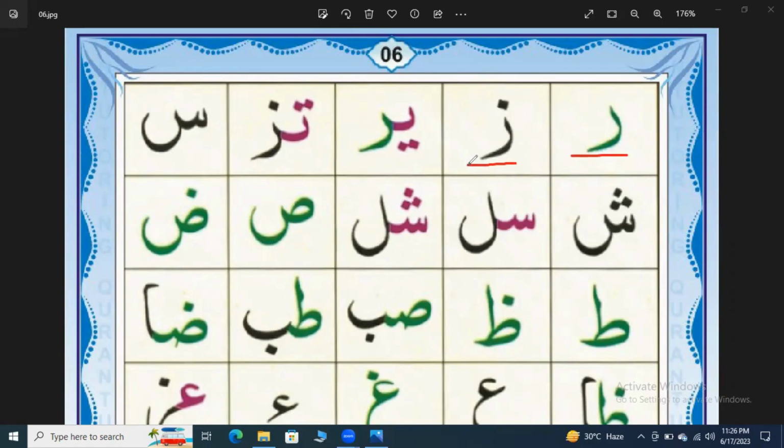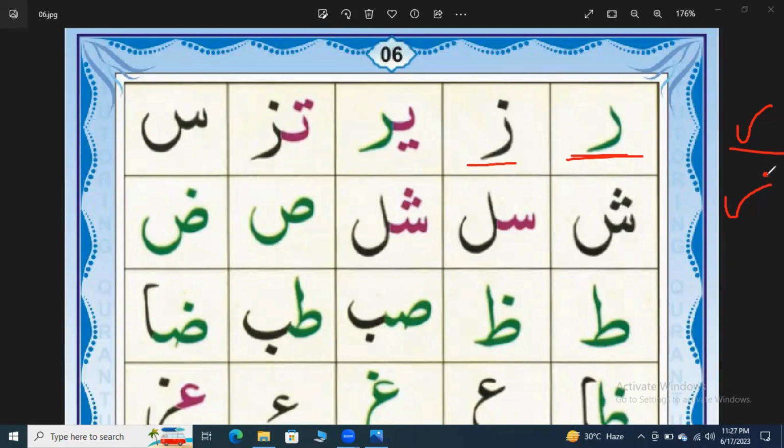Za. We have studied in the first lesson that Ra and Za are written in two shapes. One is this shape of Ra, and one is this shape of Ra. One is this shape of Za.